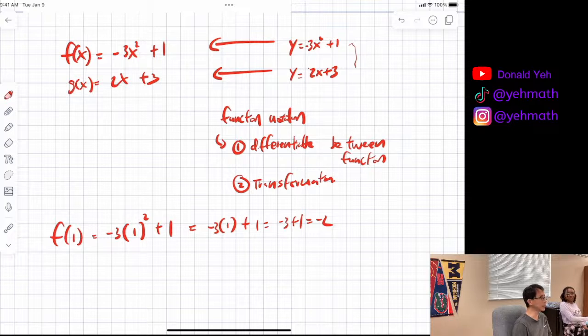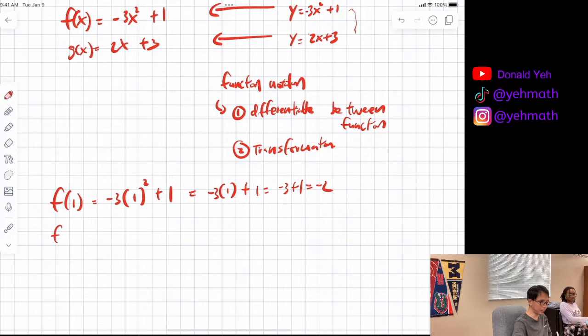So everybody can do that. Here's the thing. Can you do this? That means you replace the x. You do not replace the x with the 1 now. You replace the x with the what? x plus 1, good.